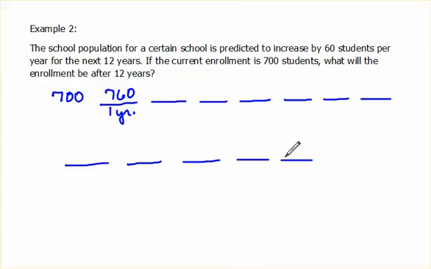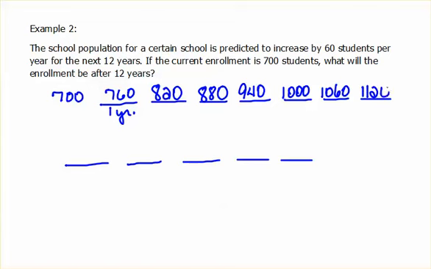So if I add 60 to 760, I get 820. If I add another 60, I get 880. Another 60, I get 940. Another 60, I get 1,000. Another 60 would be 1,060. Adding again, we get 1,120. Adding again, we get 1,180.